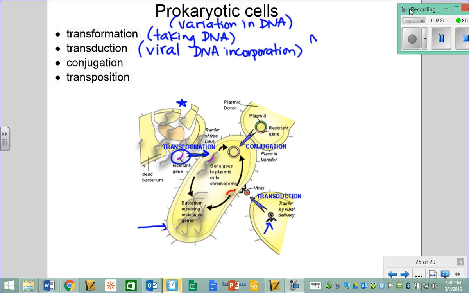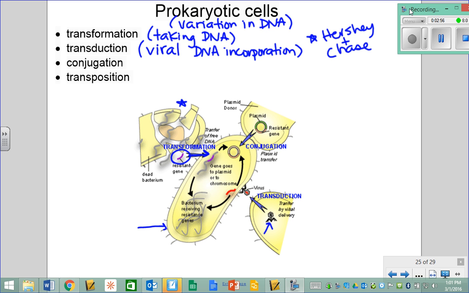And I'm just going to put a little note here about two people. Hershey and Chase were two scientists who were trying to figure out, is DNA the genetic material or are proteins the genetic material? And they used these viruses, bacteriophages, to insert DNA into bacteria cells to determine whether or not radioactive markers showed up.